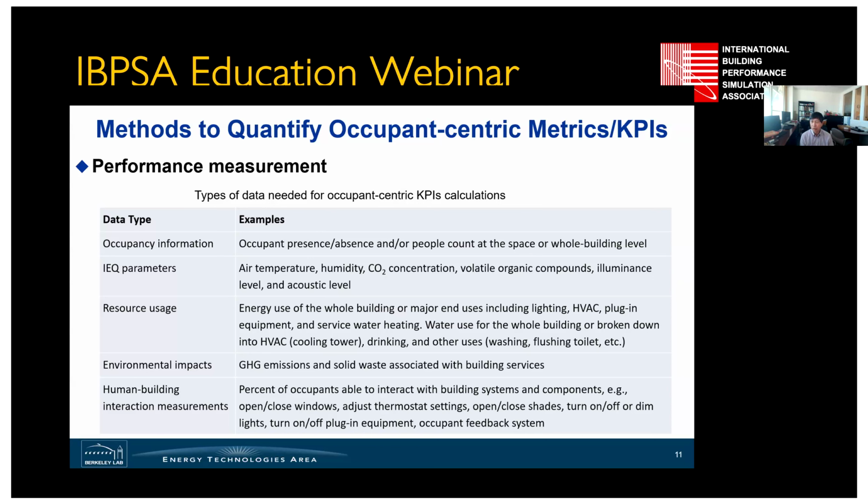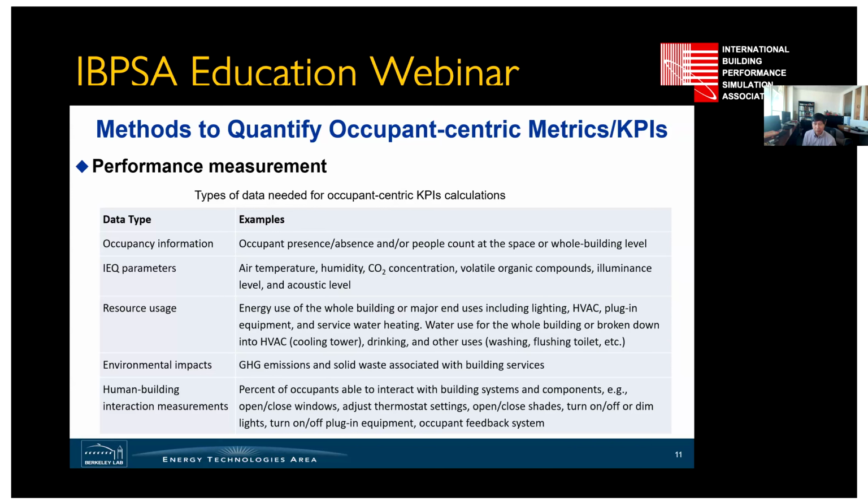So that's also the whole building level. That kind of information is much easier to get than doing it at a space level. But of course, at a space level, that gives you granular information that may later be used to inform occupants' effective usage.